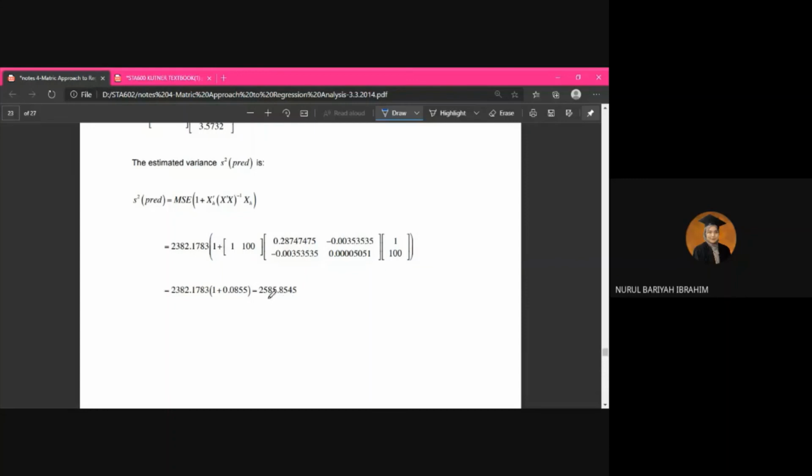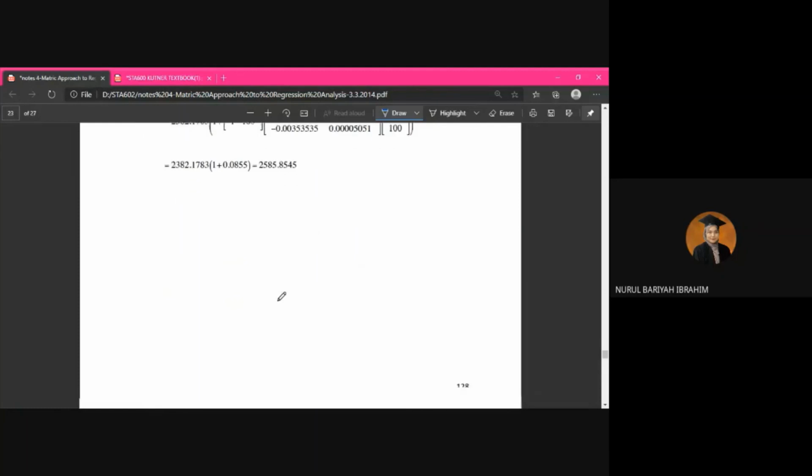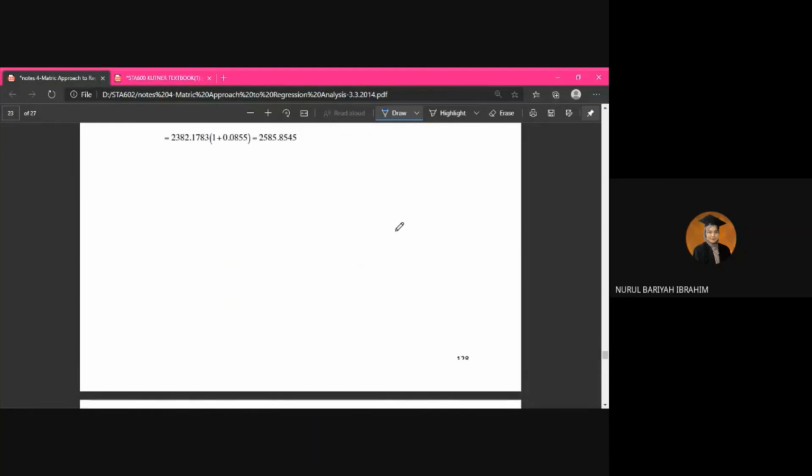So this is the value of S squared prediction. So that is the way you calculate all the values and use them to find the confidence interval and also the Anova table.